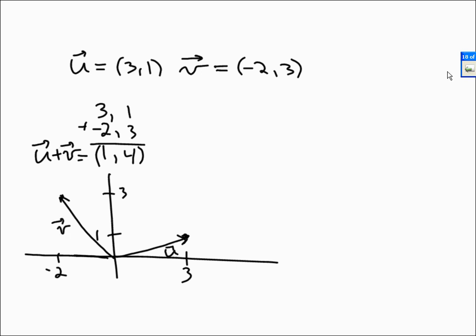This is vector v. If you complete the parallelogram, from the head of v, I go parallel to u, which is that way. And then from the head of u, I go parallel to v, which is not that way, but rather this way. I erase the excess.